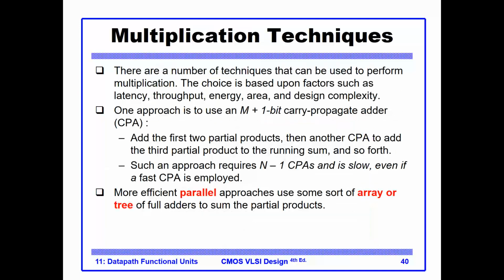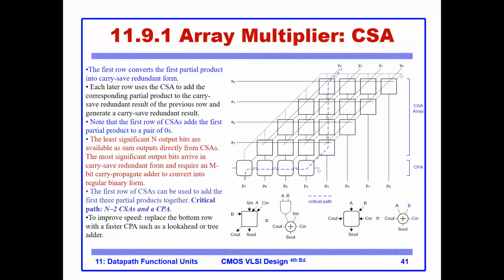Now, the question is how to implement a multiplier. One of the techniques to implement a multiplier is called the array multiplier, which uses carry save adders. We have seen the carry save adders in the data path part, where we need to add three or more numbers, so we use carry save adders.